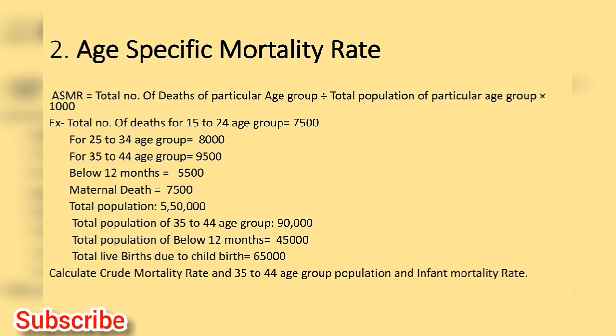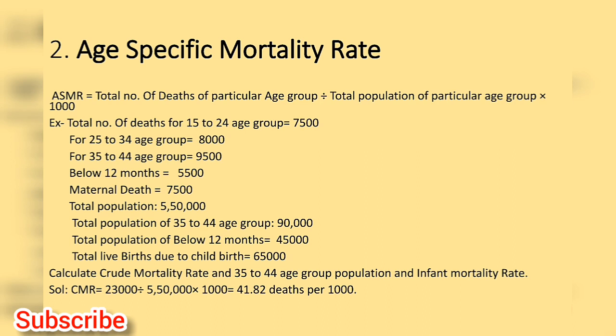Now we have to calculate the crude mortality rate, the 35 to 44 age group mortality rate, and the infant mortality rate. So the solution is, first of all, calculate the crude mortality rate. Here we have to add all deaths: 8,000 plus 9,500 plus 5,500 plus 7,500.